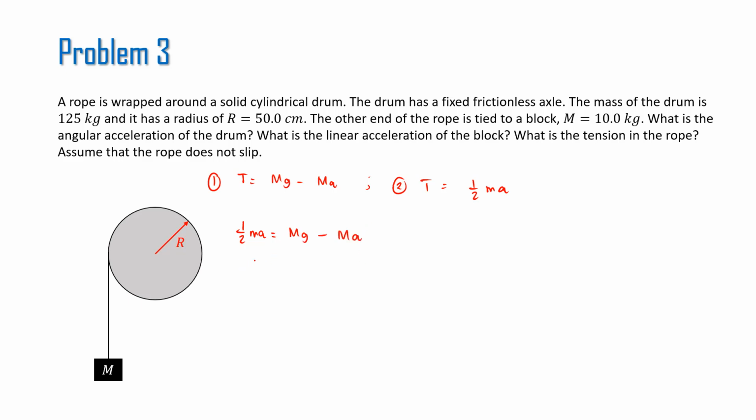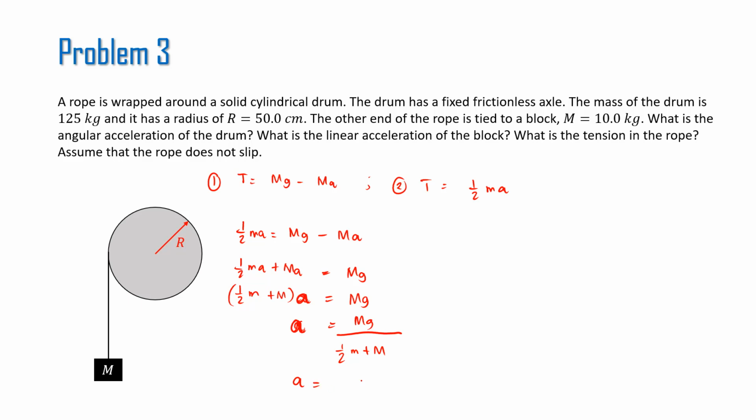So we have 1/2 ma plus ma is equal to mg, or factoring a out, a, the linear acceleration, is equal to mg divided by 1/2 m plus m. So again, this is the linear acceleration.